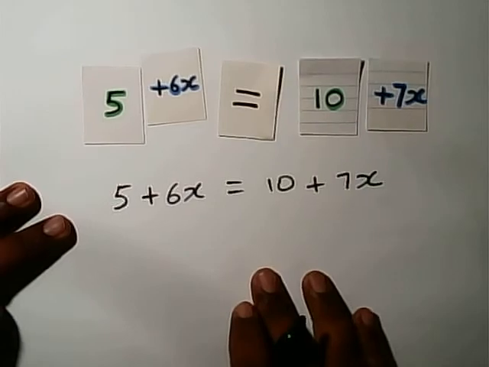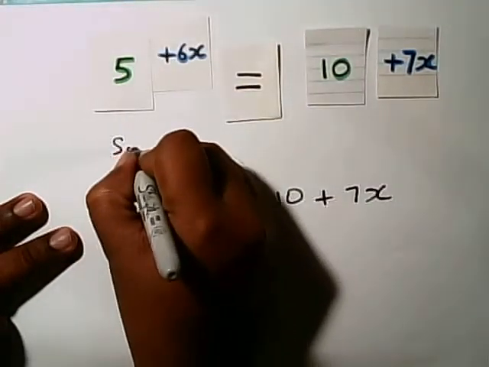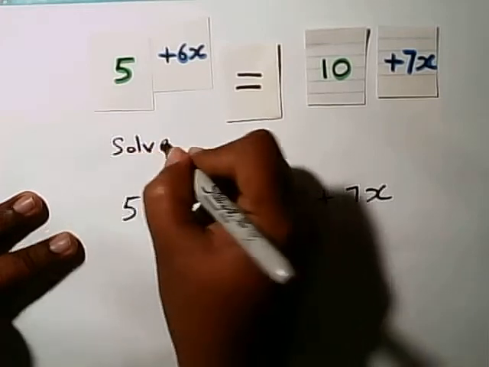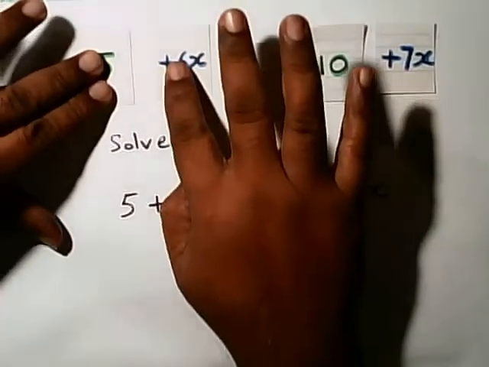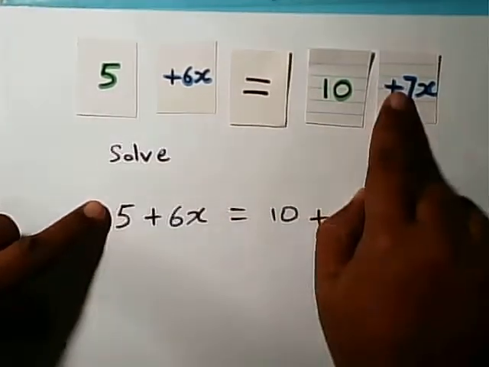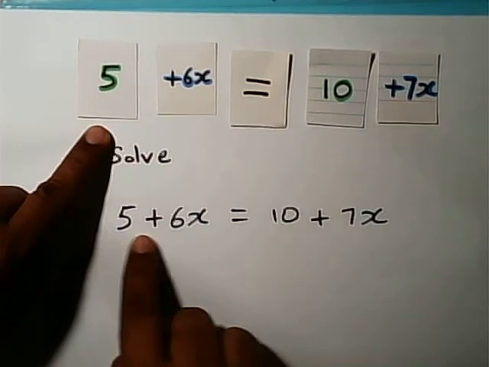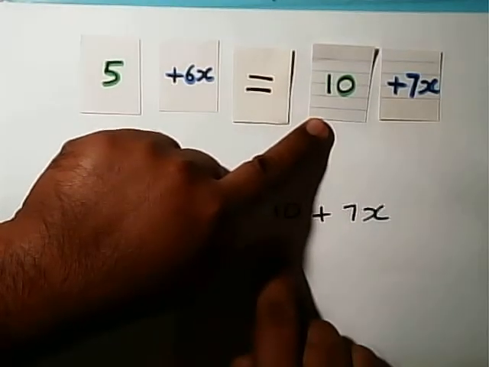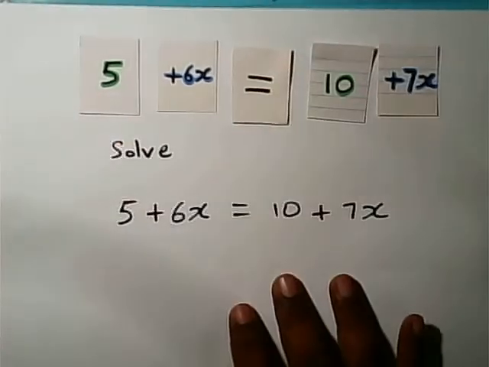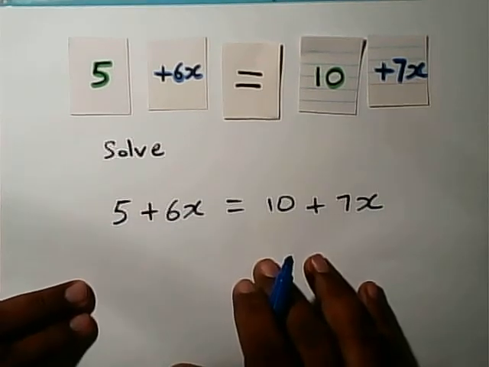And the instruction in this sum would be solve. I've cut it out on pieces of paper here so you can see 5 plus 6x equals 10 plus 7x. First thing we're going to do is identify the terms that we have.